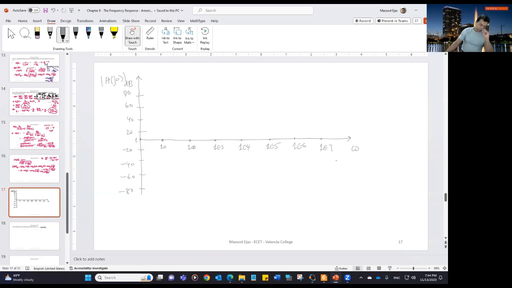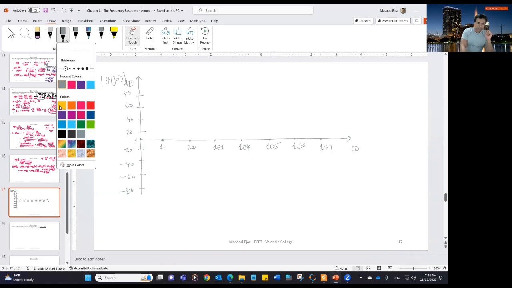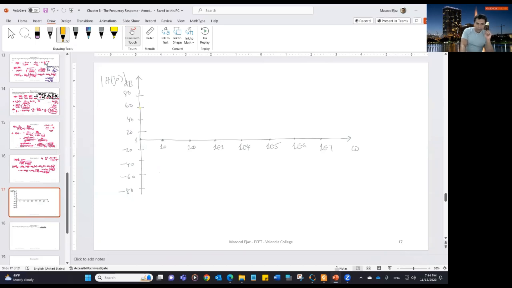So I plotted the x-axis as a logarithmic scale, semi-log x. So the first thing is the 60 decibel that we have. I'm going to use different colors. I'm going to make a dotted line at 60 decibel for all frequencies. That's my first term.